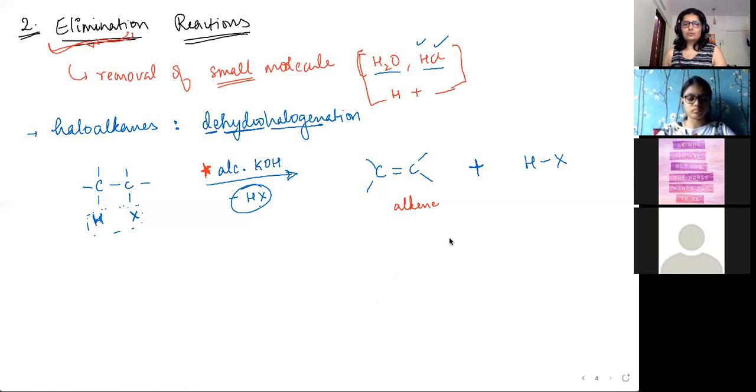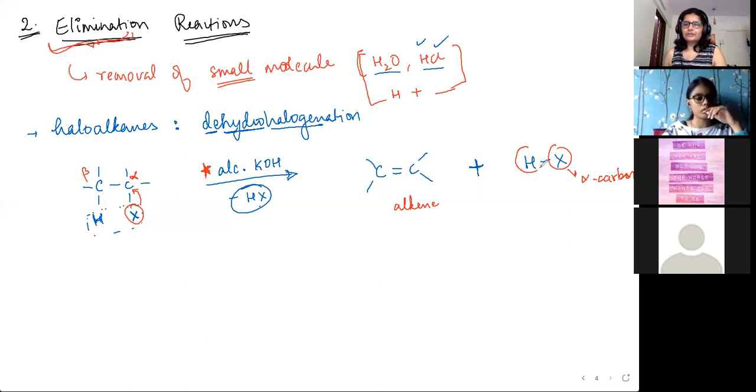Now, this X, the halogen, is always from the alpha carbon. We call this the alpha carbon because this is where the substituent is attached. One carbon beside the alpha carbon, you call the beta carbon.